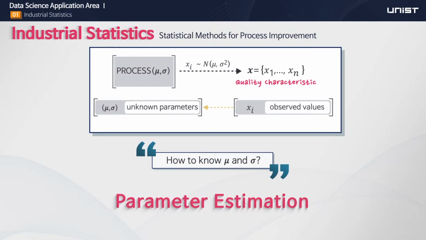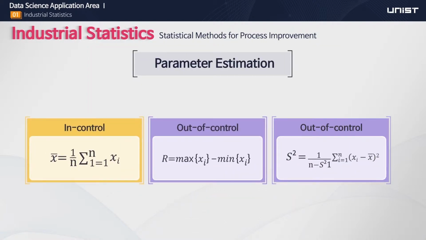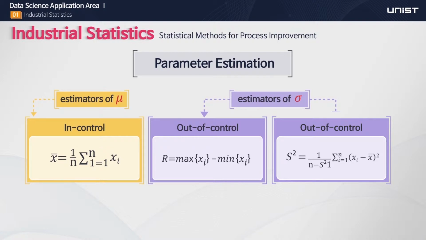We need a statistical tool called parameter estimation. The parameter estimation enables us to find out the value of parameters of the selected distribution using data collected from a process. In the parameter estimation theory, it is known that sample mean and sample variance are good estimators of mu and sigma, respectively.